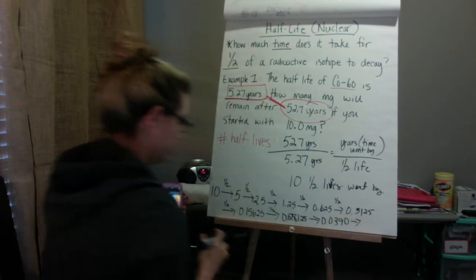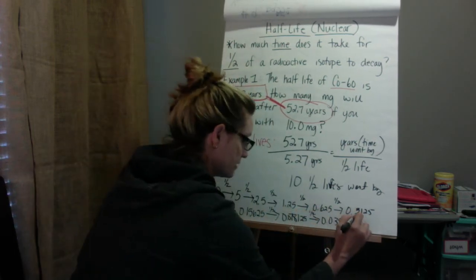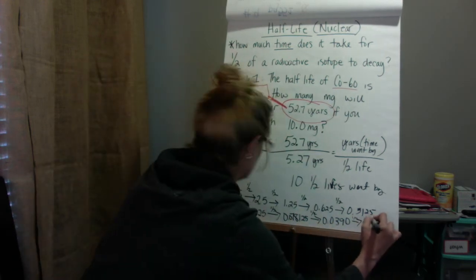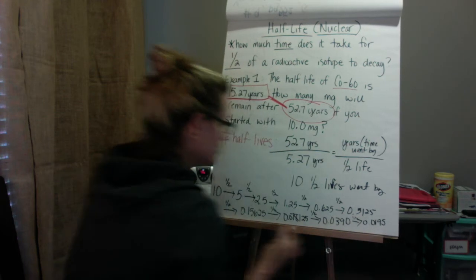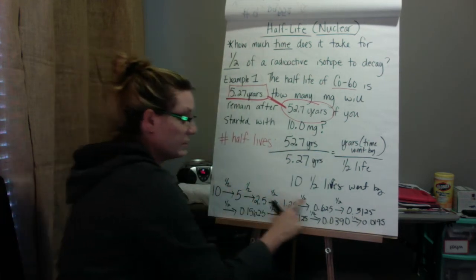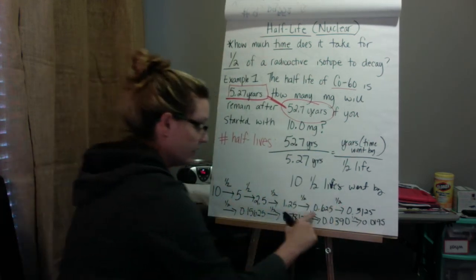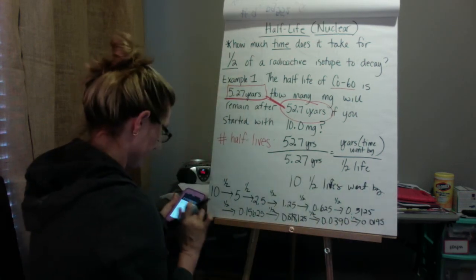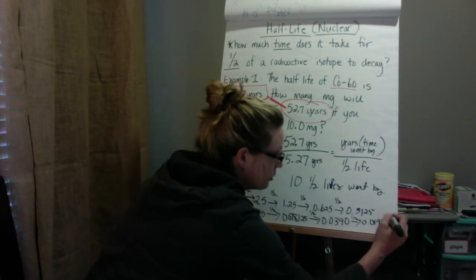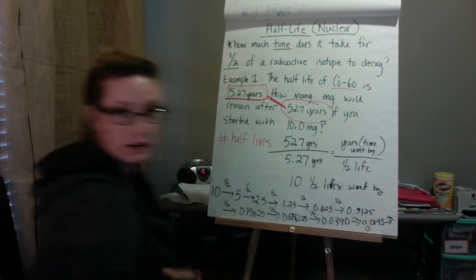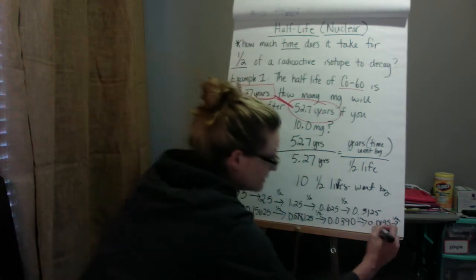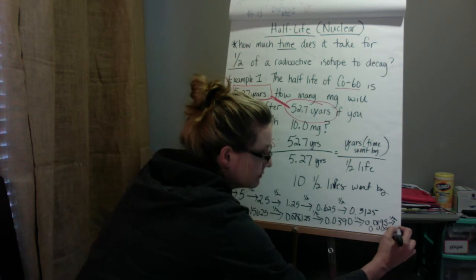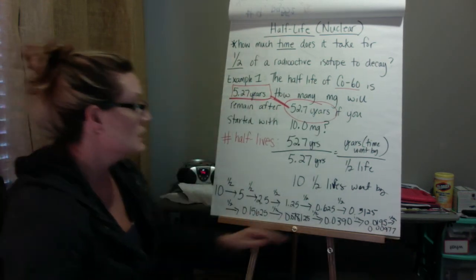Go again. I'm going to run out of room. 0.0195. So let me see how many times I've halved it. 1, 2, 3, 4, 5, 6, 7, 8, 9. I've got to go one more time. So one more half-life means I'm left with 0.0097. 7, right?